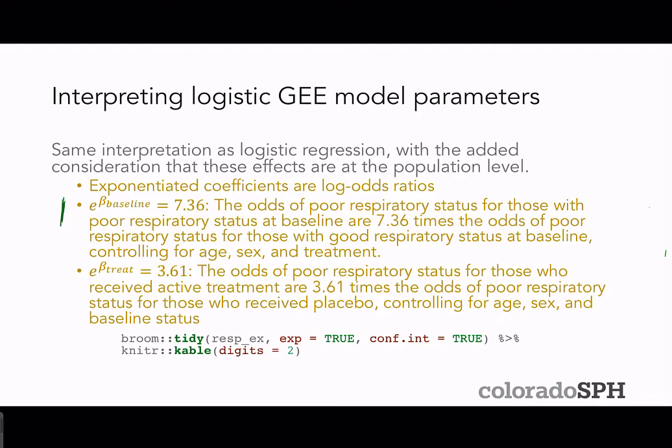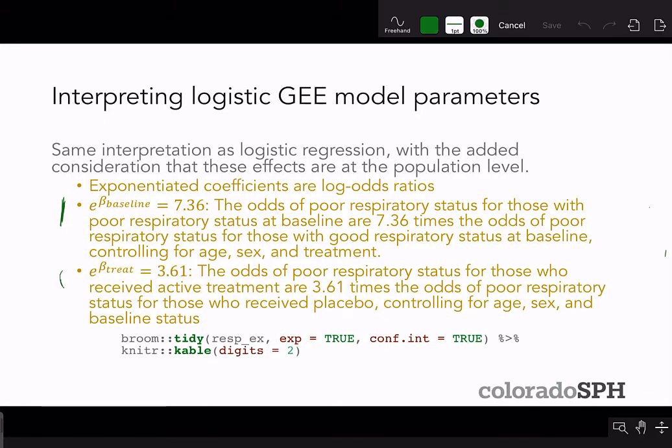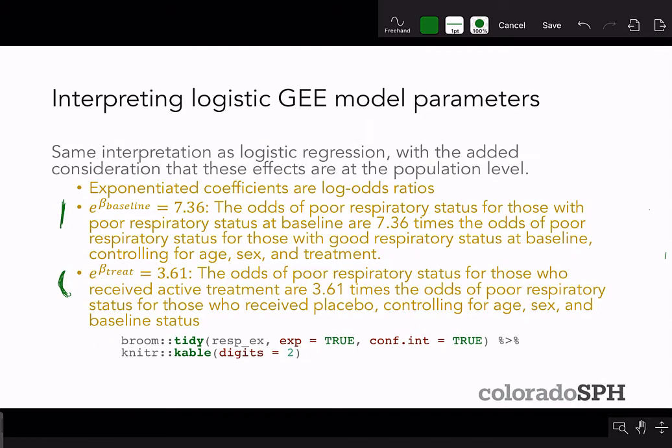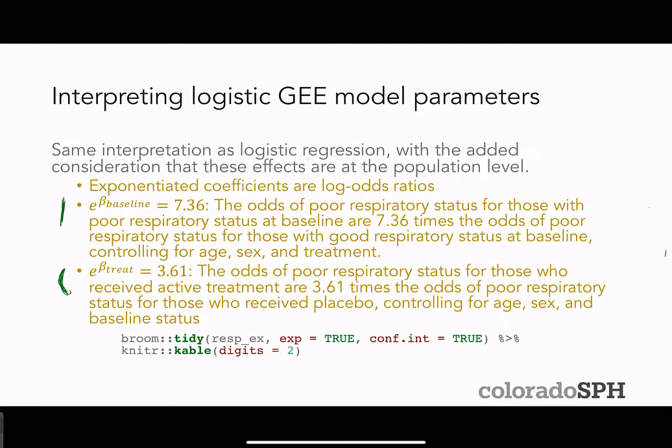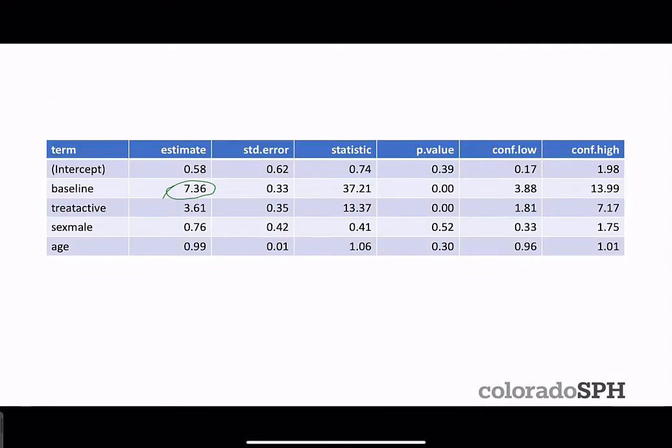And we can interpret the exponentiated coefficient for treatment similarly as the odds of poor respiratory status for those who receive active treatment being 3.6 times the odds of poor respiratory status for those who received placebo. And that table is just printed here on the next page.